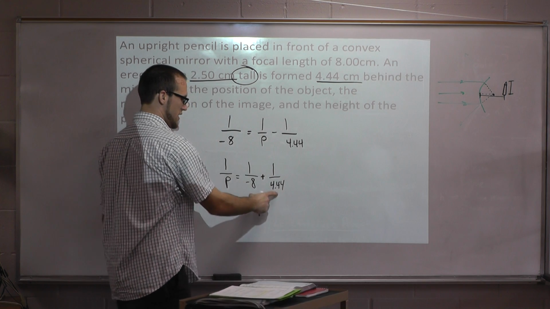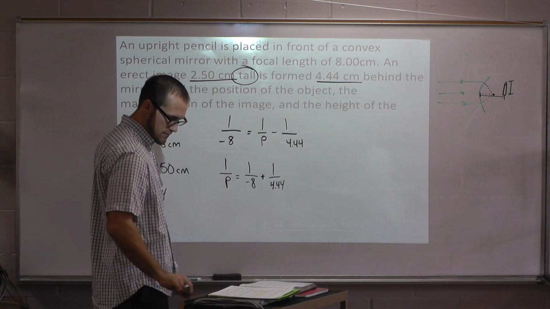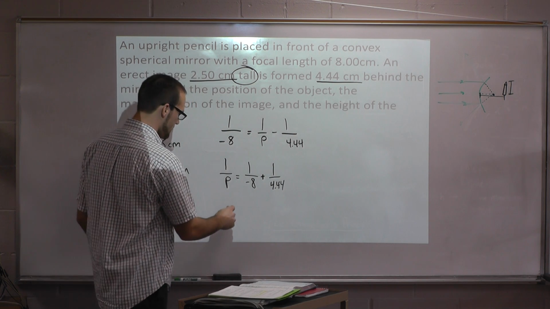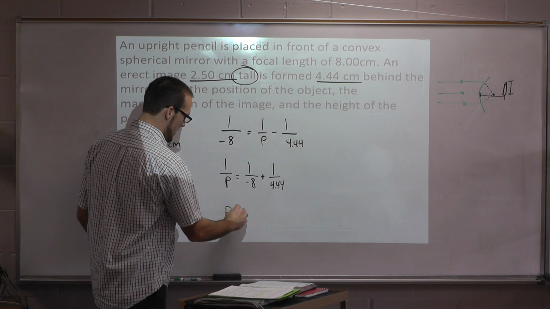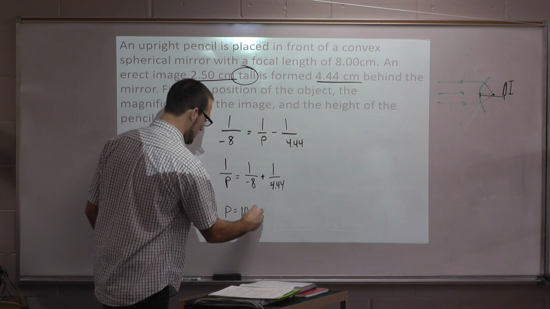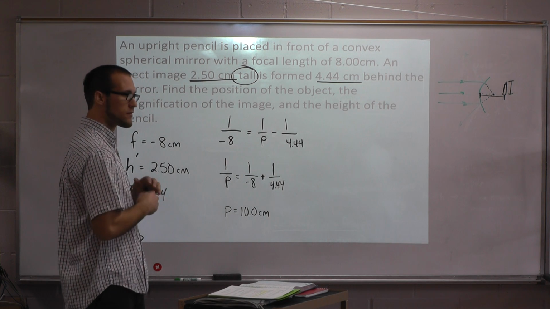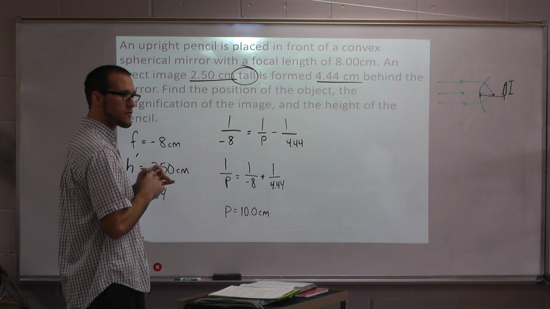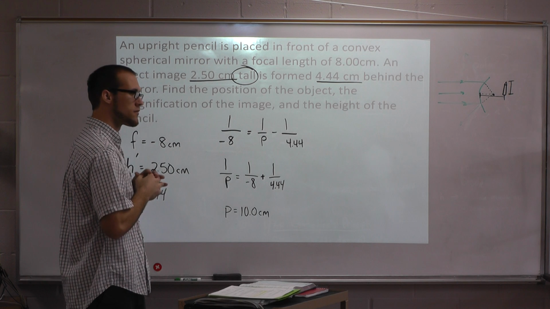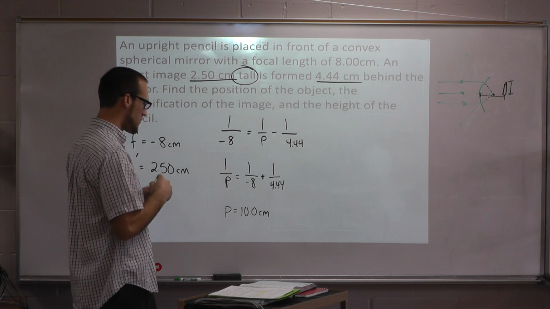I don't know what this over this gives you. You have to find that out. What did you get for your answer? 10. I didn't get that. Make sure you do 1 divided by it. I got 9.9. I got 9.2.